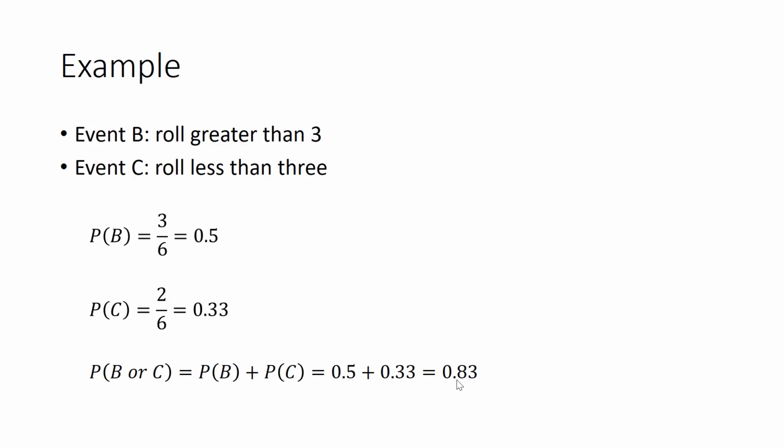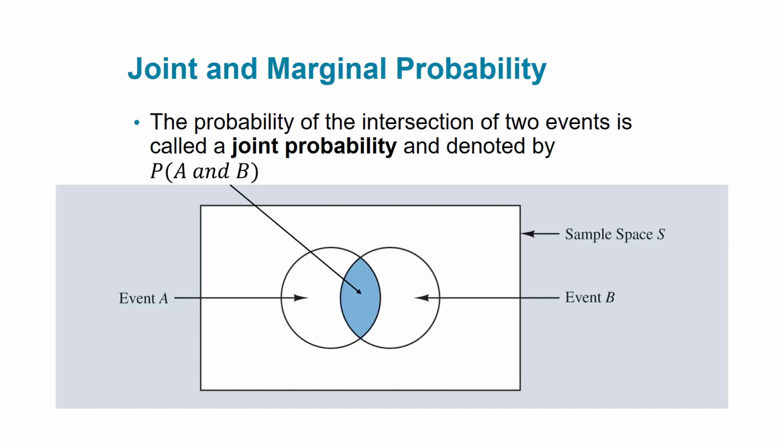Now let's look at what happens when we have an A and a B that have a common ground, right? So when we have an event A that is like this and an event B that is like this, that they have an intersection, right? So we are looking for this blue area in Venn diagram notation that is called intersection or joint probability.